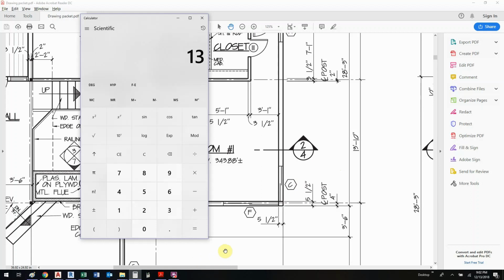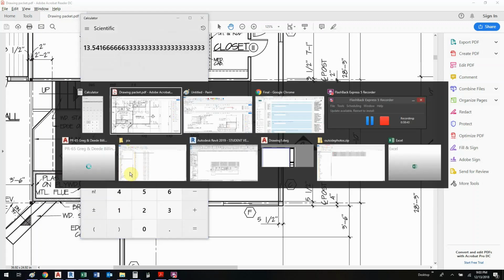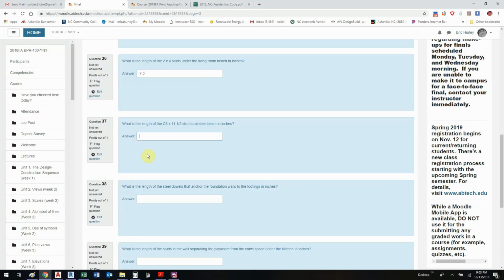So we have 13.83333333, and we're going to subtract 0.25, which is 3 inches. And I'm going to have to memory clear plus, and so I'm going to say 0.5 divided by 12, and I'm going to subtract that from it and end up with 13.54166666. Yep. So we'll go in there and put that in. That's how long that beam's going to be cut.